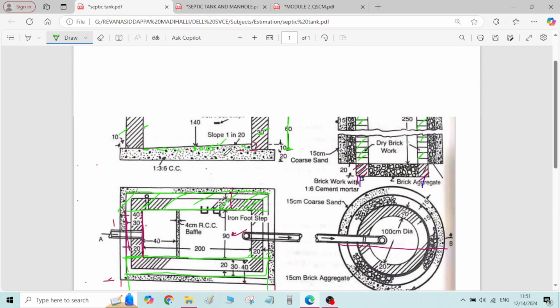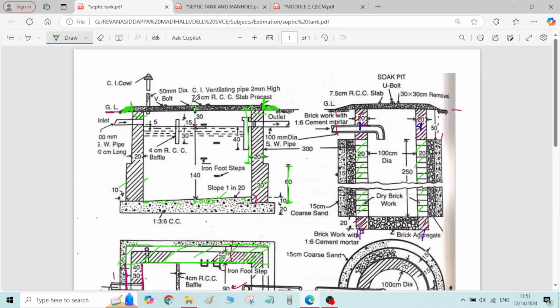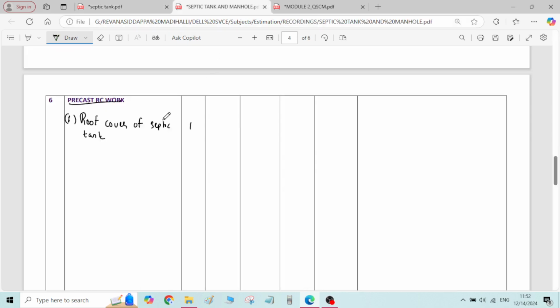Thickness of the slab is given as 7.5 centimeter, nothing but 0.075 meter. L is equal to 2 plus 0.2 plus 0.2, 2.4 meter, and width of the RCC cover in inner to inner dimension is 0.9 meter plus 0.2 meter plus 0.2 meter, 1.3 meter.